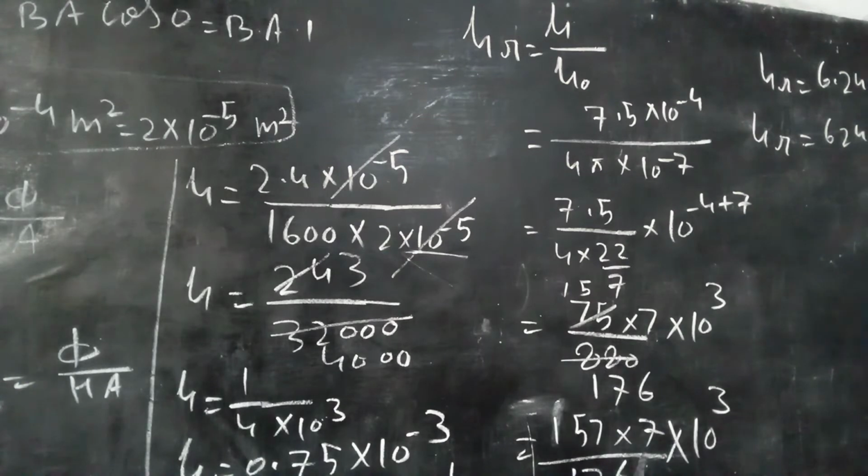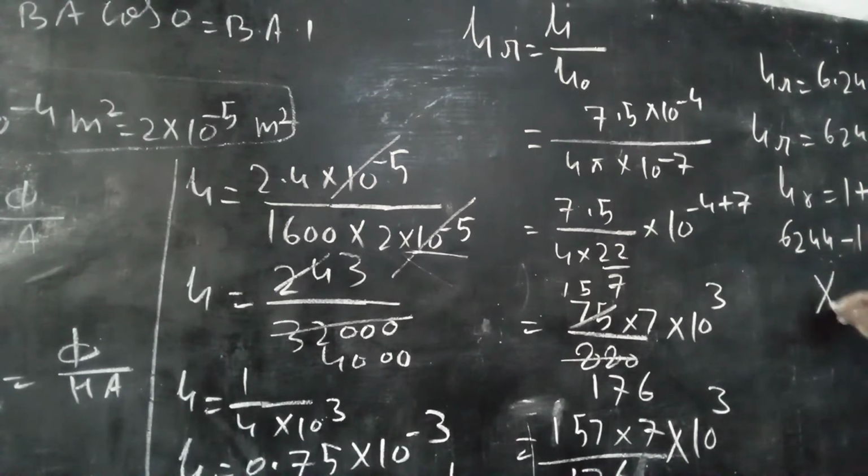The relative permeability is one more than magnetic susceptibility. So mu r equal to 1 plus chi. So write the value of mu r, which you have calculated. 6244 minus 1 is equal to chi. So chi m is equal to 6243. This is the difference.